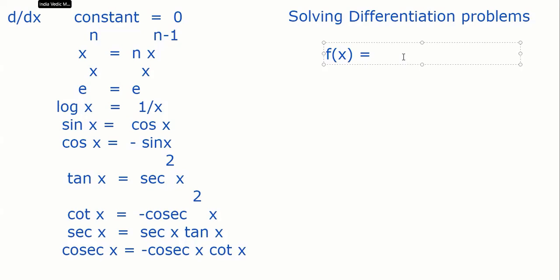First question. Very simple. If I say the function is 5 cos x, what will be the differentiation? What is f dash x? Or what is d by dx of this?